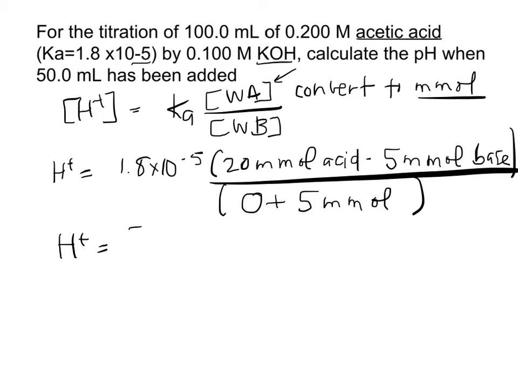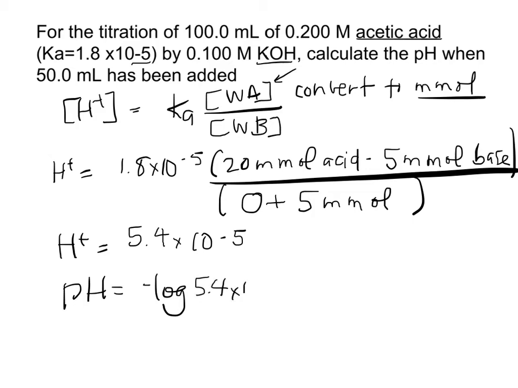But I'm going to get 5.4, how many sig figs? 2, times 10 to the negative 5 for my hydronium ion concentration. My pH is going to be the negative log of my hydronium concentration, which equals, pH is going to equal 4.2 sig figs. I'm getting 2.7.